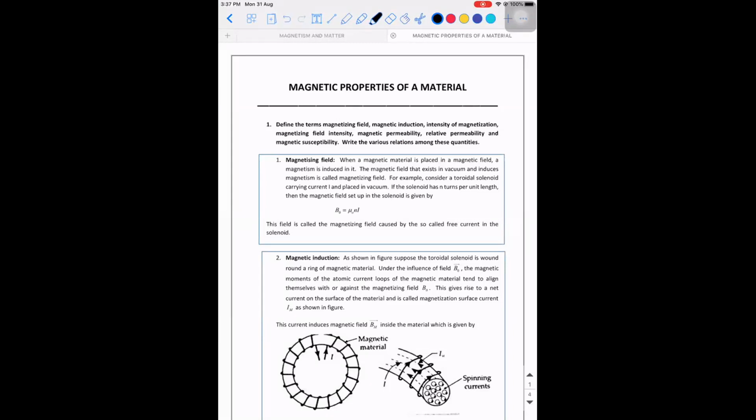Okay, as I told you in the previous class, the name of the topic is magnetic properties of a material. What are the basic terms associated with it?